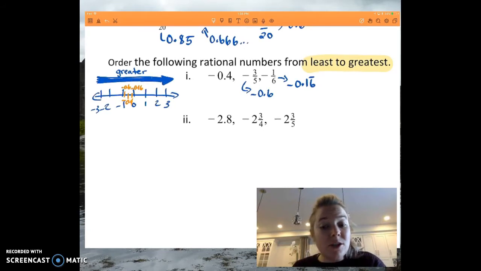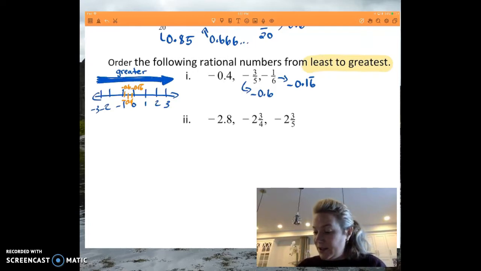So what's actually the largest number? The largest number is the negative 0.16 repeating. That's our largest number. Okay? Negatives work exactly the opposite of what you'd be expecting when you're ordering.